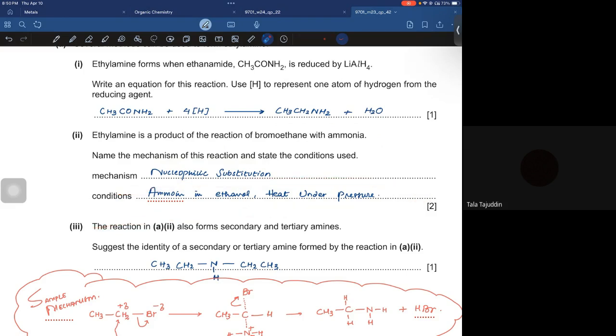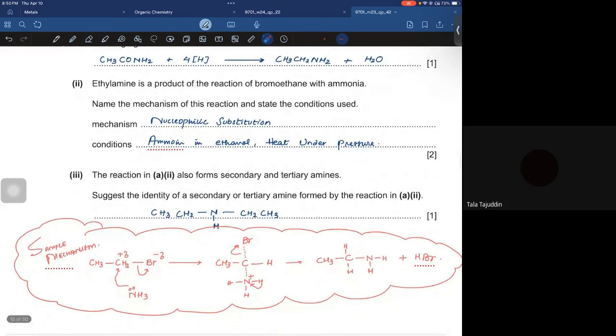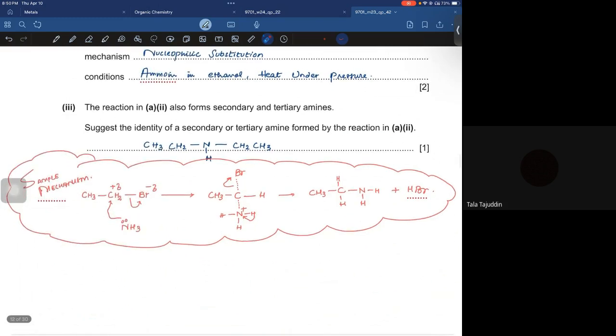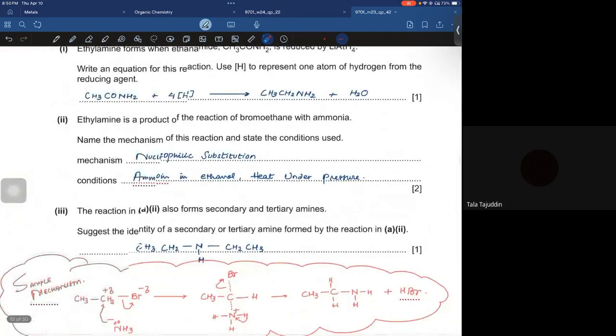Why not aqueous ammonia? If you use aqueous ammonia, then rather than ammonia, the OH would substitute and an alcohol would be formed. That's the reason we have taken ammonia in ethanol. It can be concentrated ammonia as well. This is the reaction in A part two.